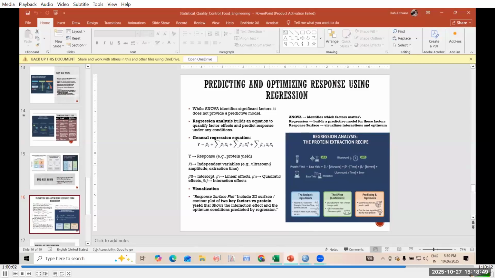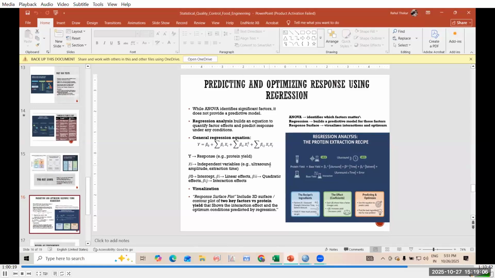So we need a regression equation that captures the interaction between two or three independent variables affecting the multiple dependent variables.